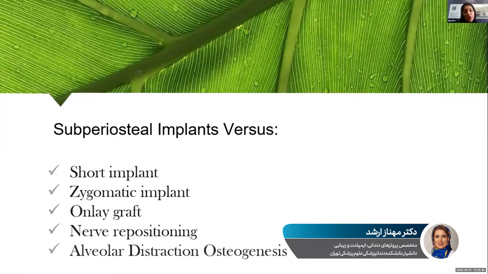All of these procedures have limited survival rates and some side effects. For example, with short implants, crestal bone resorption and stability may be questionable, and in patients with very severe ridge resorption, we can't use short implants.